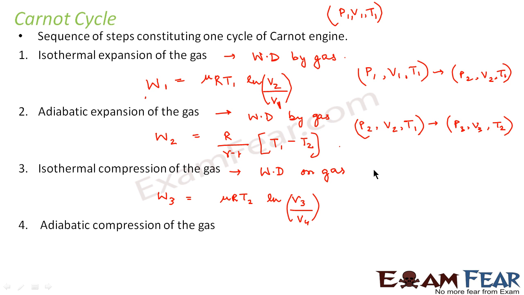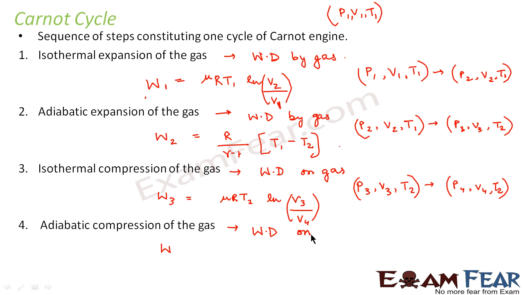Now in the third step, the heat is released to the cold reservoir, that is some work is done on the gas, and again it takes place isothermally. That means temperature will remain the same here. So from P3, V3, T2, it will reach some value, say P4, V4, T2, right? Then again during the last step, what will happen? Adiabatic compression.